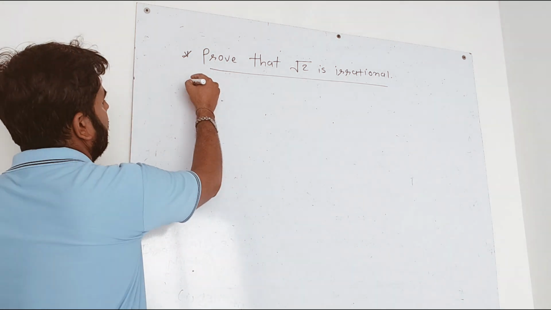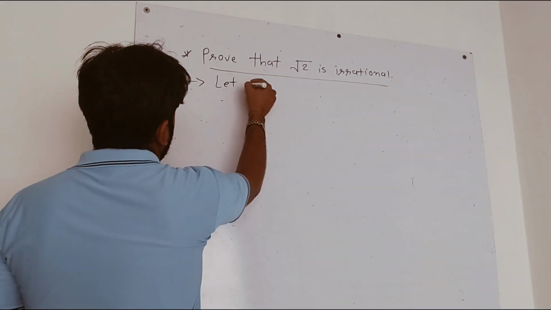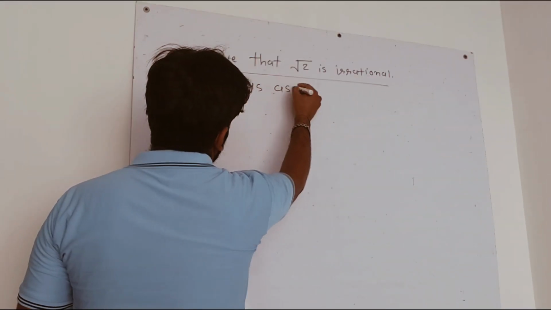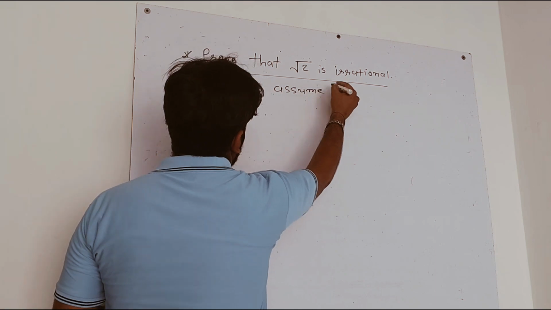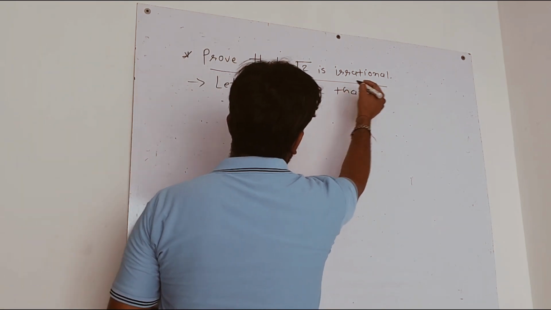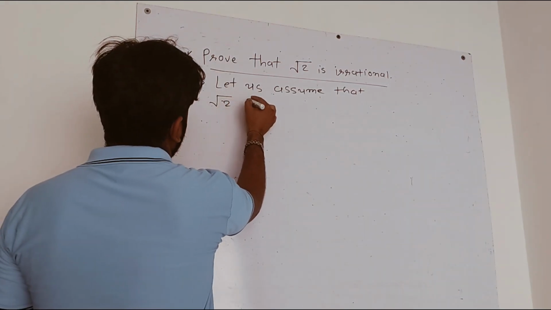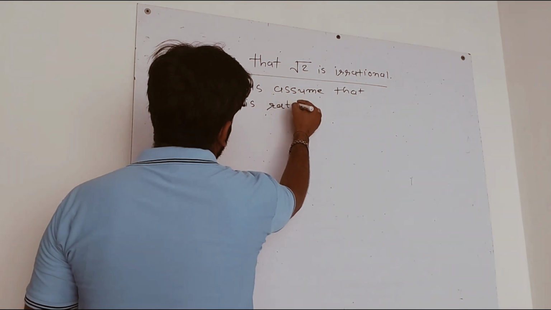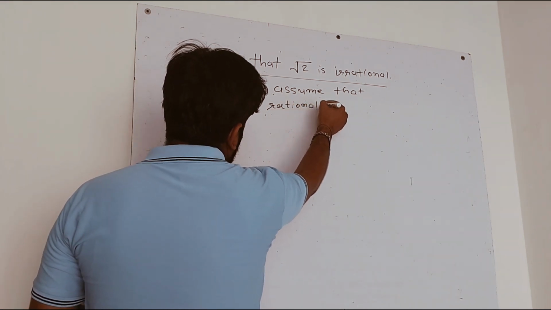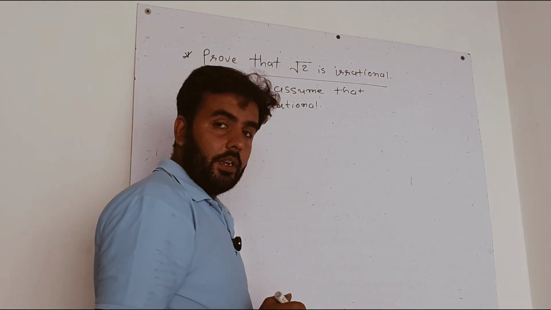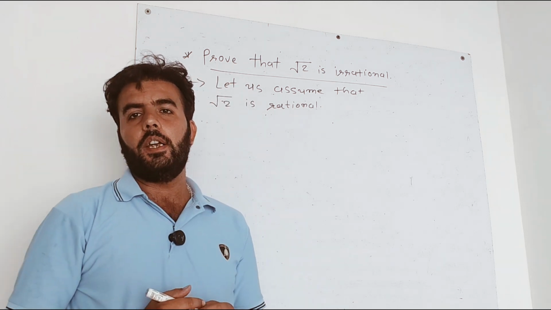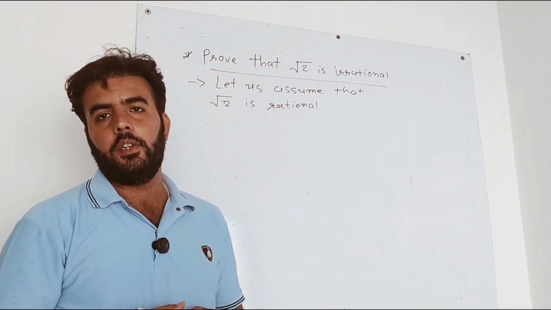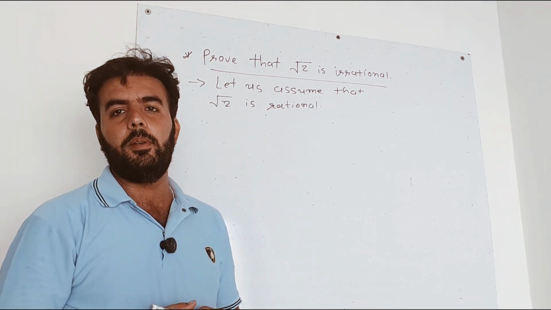So the first step, let us assume that under root 2 is rational. Now, if it is rational, we can express this number in the form of a by b.